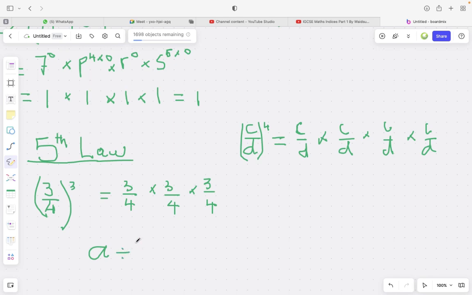If you have A divided by B raised to a certain power, let's say n, then this is simply equal to A raised to power n divided by B raised to power n.